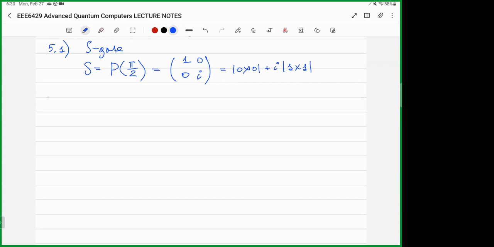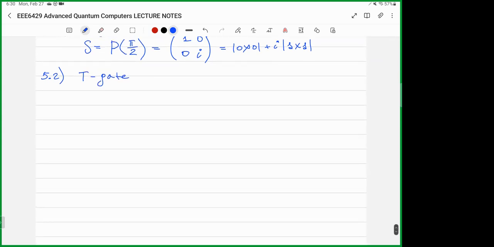And also we sometimes introduce another gate. It's called the T gate. Similarly, the T gate is just the P gate, but for phi of pi over 4.